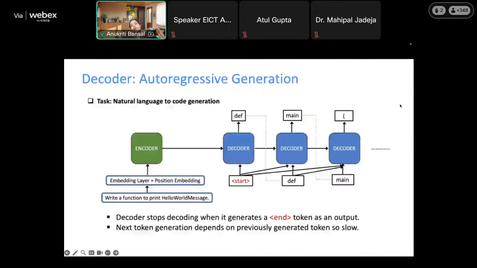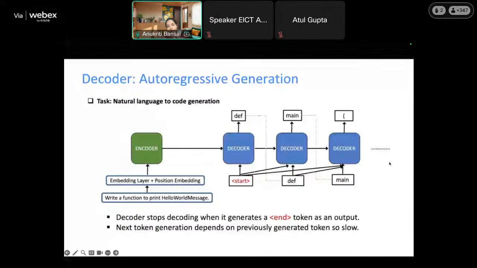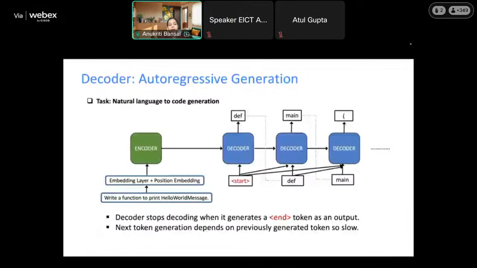This can go on and on until the decoder generates an end token. So there are two dummy tokens: the start token, which marks the start of the decoder, and the end token, which means no more tokens have to be generated. In the encoder part, we could do all these things in a parallel manner, but for the decoder, it is one token at a time.